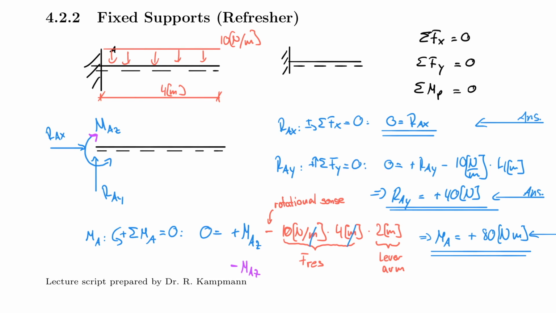But to sum up the fixed support refresher here, please understand that we have 3 support reactions that are symbolized by this little symbol with the 3 diagonal lines. Also notice that there's no circle here, so it's kind of clamped in. In fact, the way you can think of this is take a pencil in your hand and don't let it fall down. Take it in one hand and you pretty much perform the action that the wall usually performs on the balcony, right?